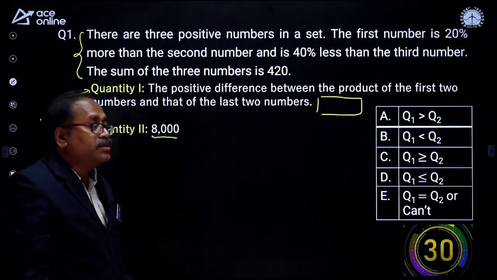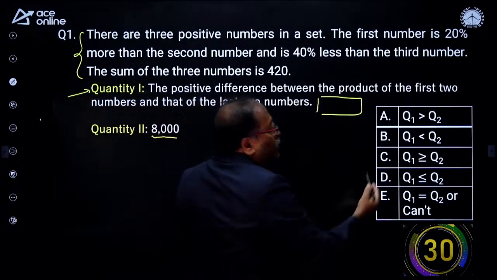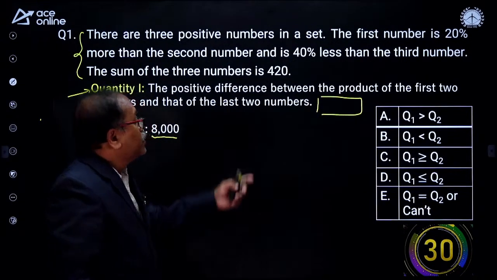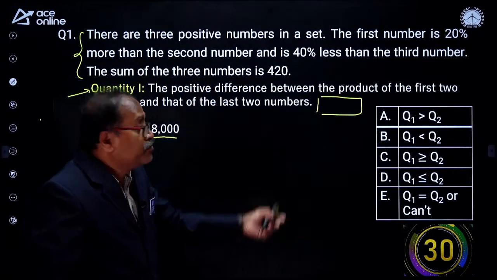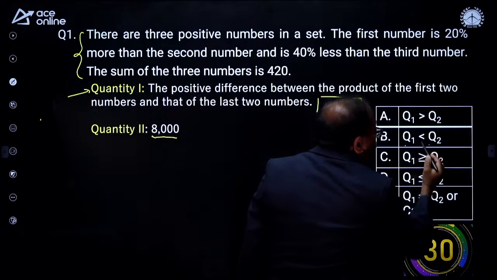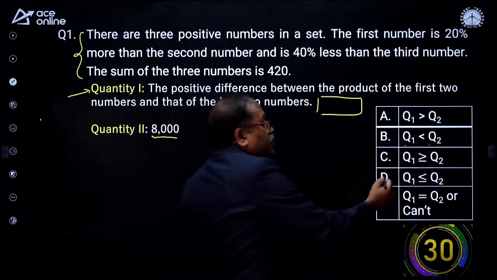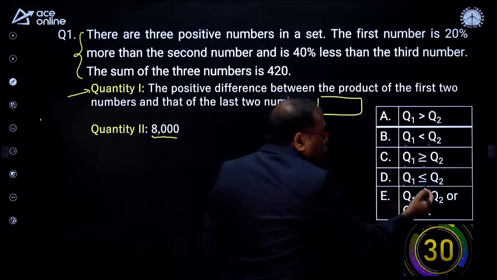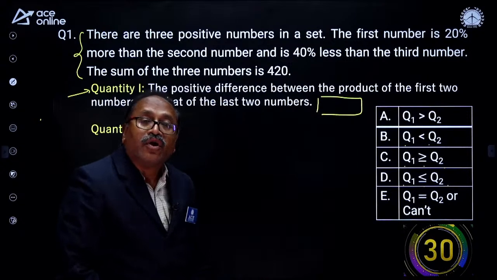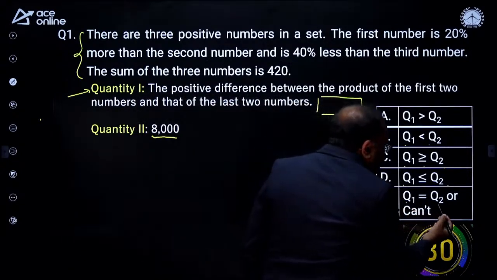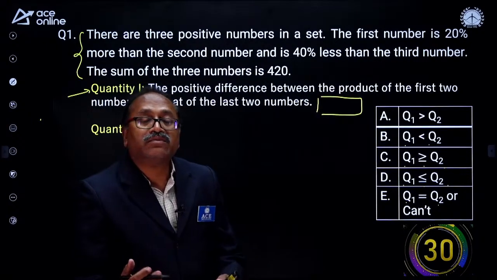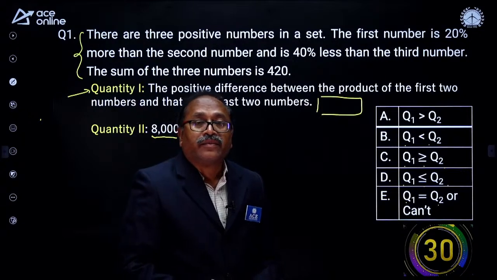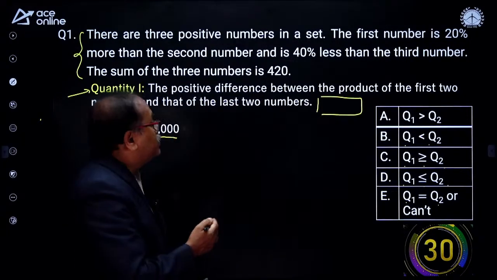You need to find out the relation between these two and find out whether quantity 1 is greater than quantity 2, or quantity 1 is less than quantity 2, or quantity 1 is greater than or equal to quantity 2, or quantity 1 is less than or equal to quantity 2, or quantity 1 is equal to quantity 2, or the relation between quantity 1 and quantity 2 cannot be determined. So these are the possible options here.